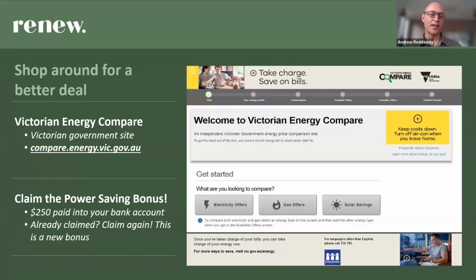Okay, so before we get into the shiny, sexy technologies, it is worth mentioning some of the basics first. One of the easiest things you can do to reduce your electricity bills is to shop around for electricity and gas. The best website for us Victorians is Victorian Energy Compare, which is a government site.